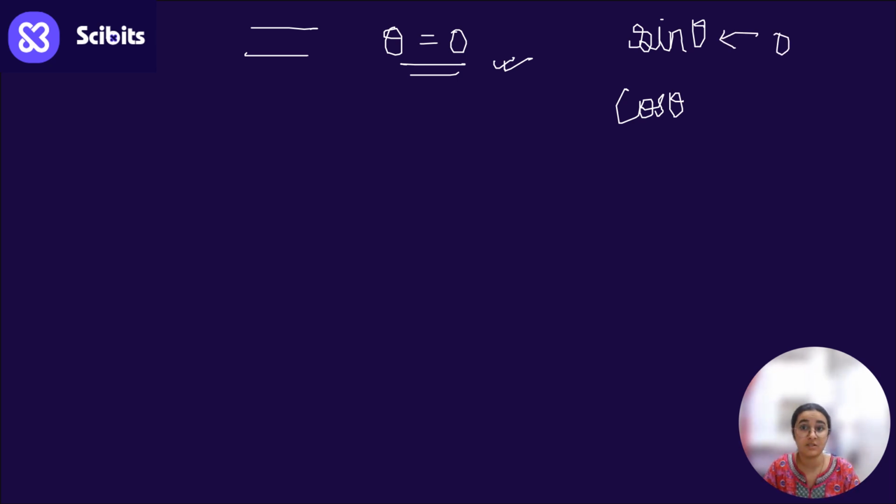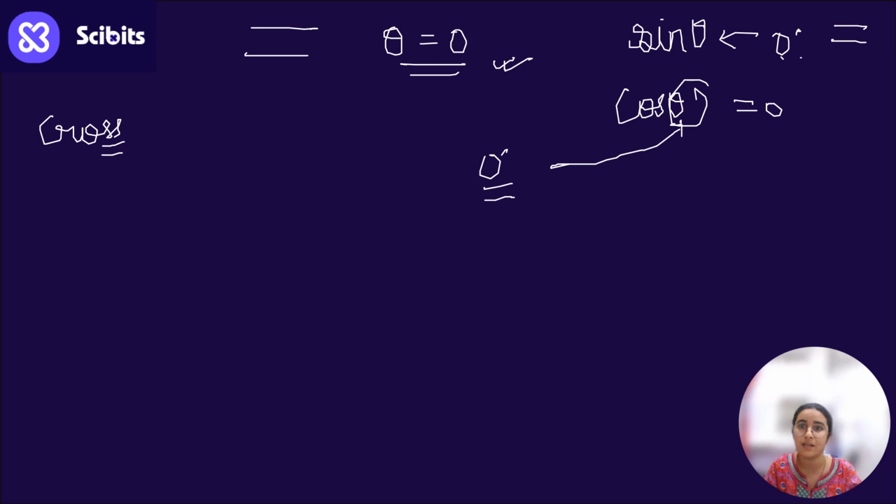So sine theta is 0, which means the cross product will be 0. You got it. So if the dot product of two vectors is 0, it means cos theta is 0. Cos theta is 0 when theta is 90 degrees. So it means two vectors are perpendicular.